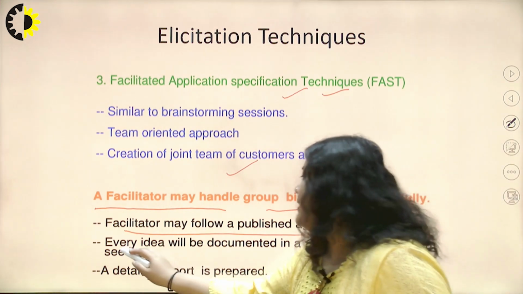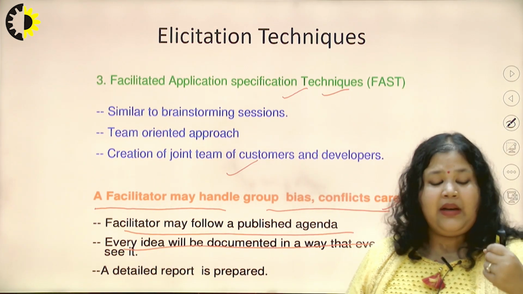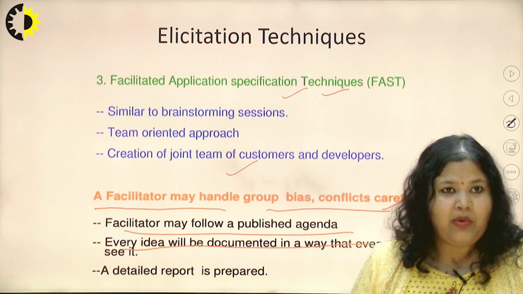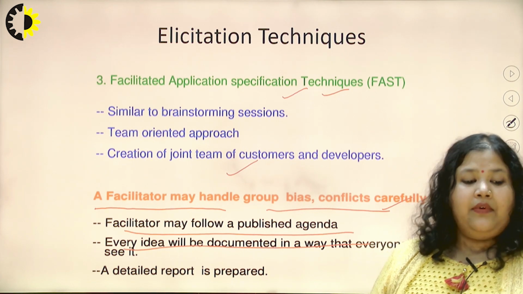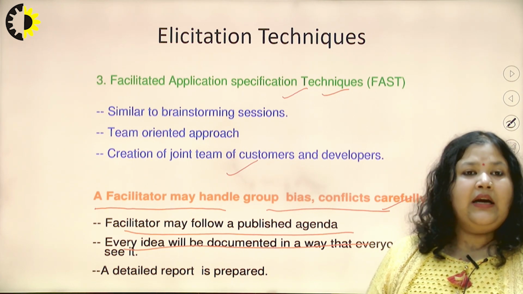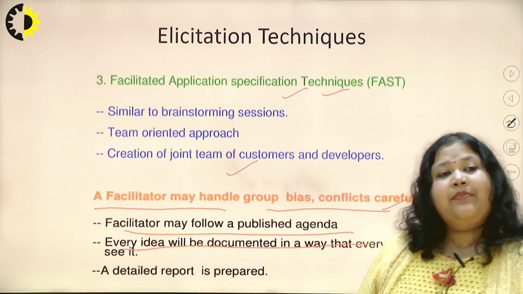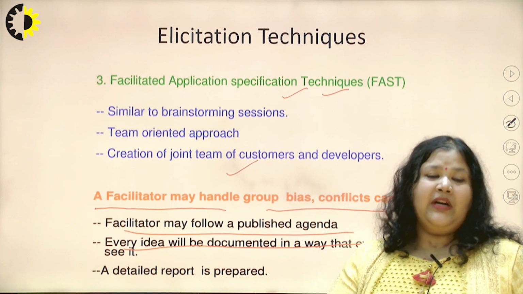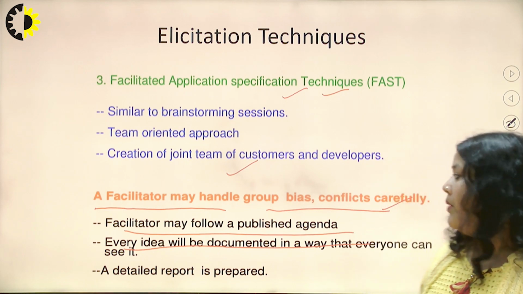The second is that every idea will be documented. For example, if one person defines a solution to that particular problem, that person defines the idea in documented form, in a report, so that each and every person has that report to understand the fundamental step or view of that solution.